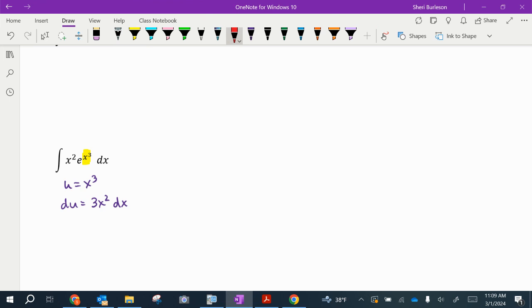Most of you prefer the 3x squared, so I need a third. So this is going to give me 1/3 the integral of e to the u du, because I see my du in there with my dx. So now I just have 1/3 e to the u plus c, and I can then substitute in for the u, x cubed plus c.